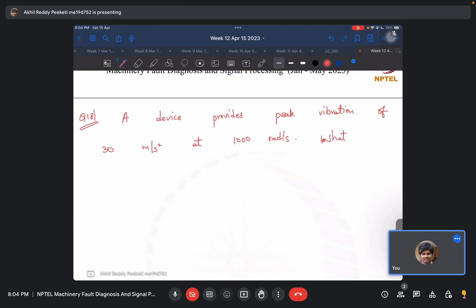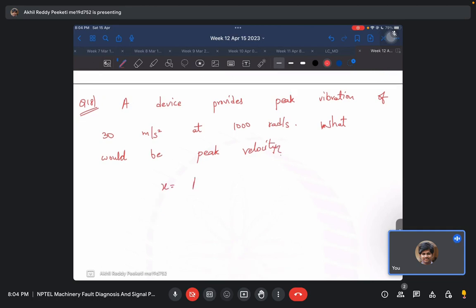What would be the peak velocity? So usually, as we have seen earlier, the options are 30 meters per second, 30 mm per second, 3 meters per second, and 3 mm per second.